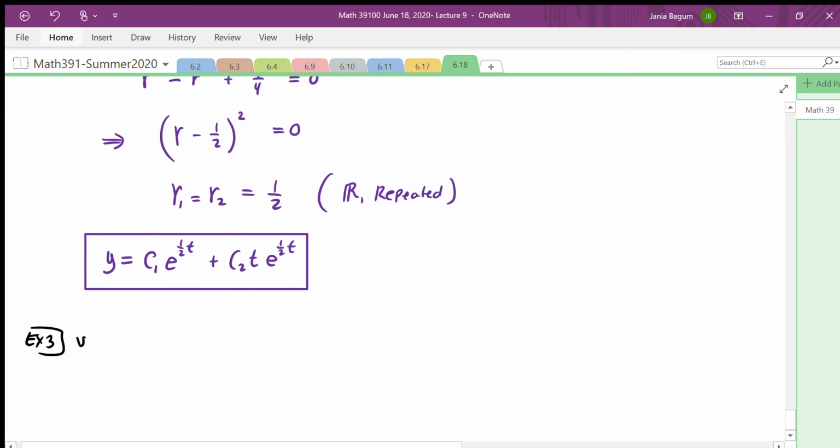So let me start off by giving you the differential equation.